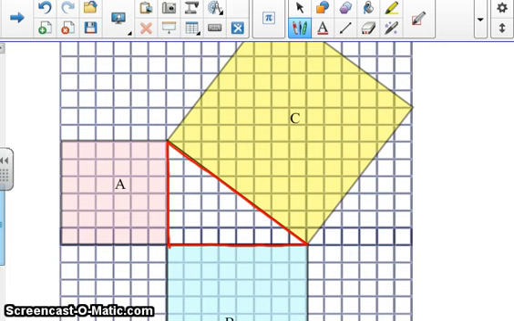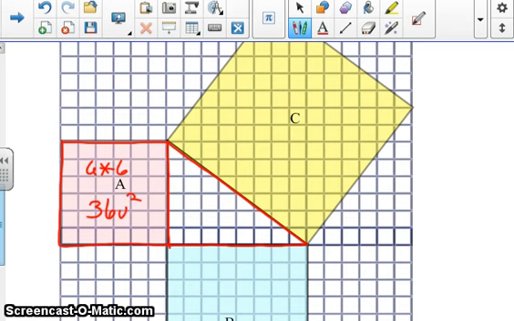So if I look at the square that's been built on the left side, square A, it's a square that is 6 units by 6 units, or 6 by 6, which is 36 units squared.